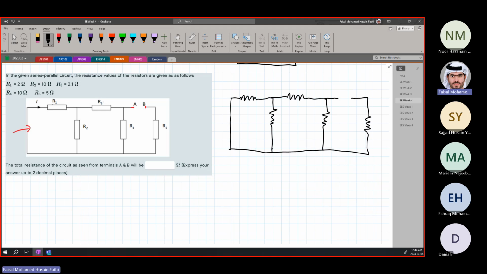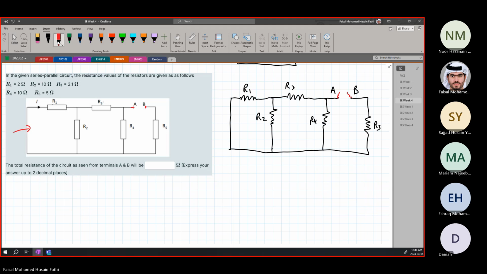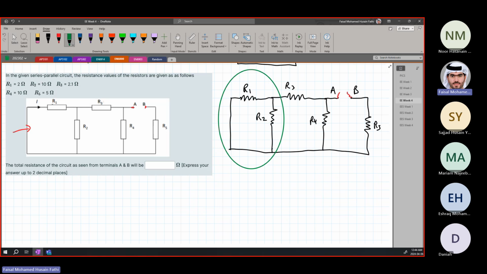That's it. This is R1, R2, R3, R4, R5. And this is A and this is B. Okay? So these are just open-ended wires, there's nothing in them. They want us to find the total resistance just like before. Again, we're going to start by looking at this part. Why this part? Because it's the furthest part from where the source is.